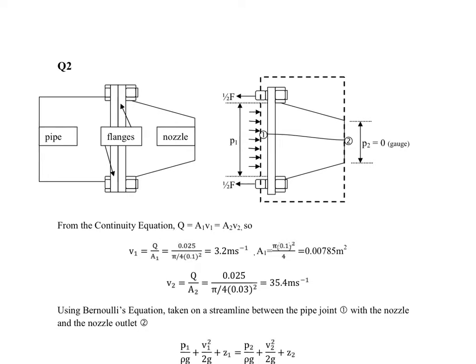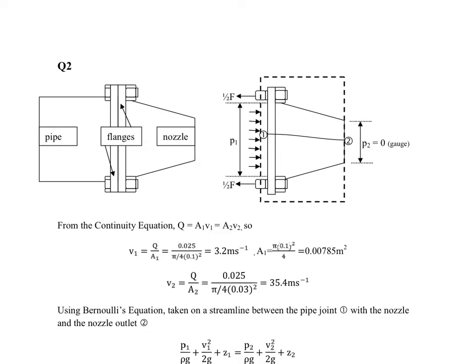Now, looking at the sum, intuitively we will know that if we have a nozzle which constrains the velocity, there is a momentum effect because the water is being caused to converge.